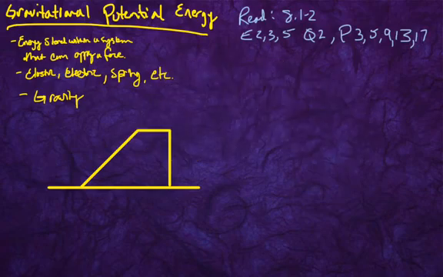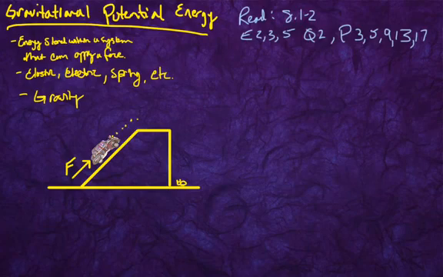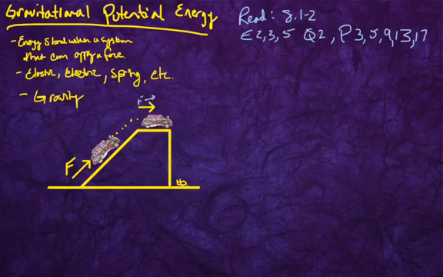Now, we have a ramp. And the ramp goes up to a top. We've got a pedestal, and then down below, right down here, we have a cat. It is a sleeping cat, because if it was awake, it would be too fast. So we have to exert a force on my car to push it up the ramp, up to the very top.